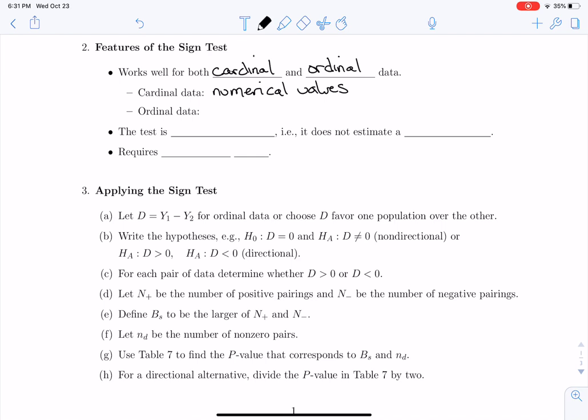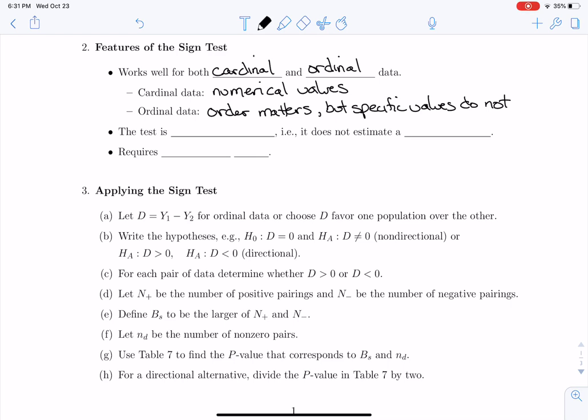And ordinal data being data where order matters, but specific values do not. In the case of our sunscreen experiment, the order matters. Which arm is more red, the left arm or the right arm? But there are no numerical values.